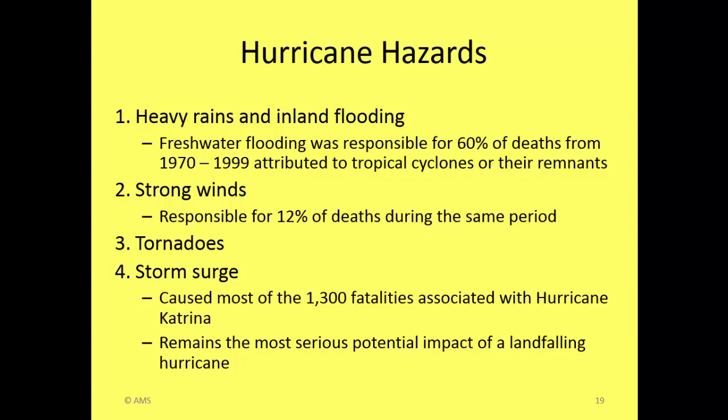Okay, number two, yes, strong winds are certainly responsible for deaths, but this is going to be out along the coast, okay? Tornadoes can be spawned. Remember, these are cumulonimbus clouds. Tornadoes are spawned from cumulonimbus clouds, so we can get tornadoes developing as these hurricanes come ashore.